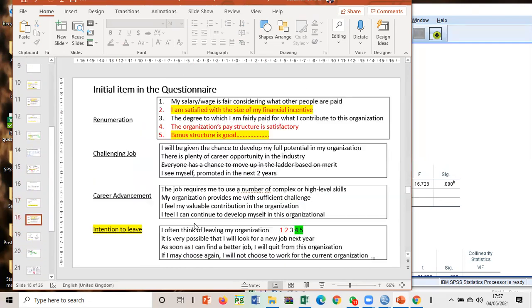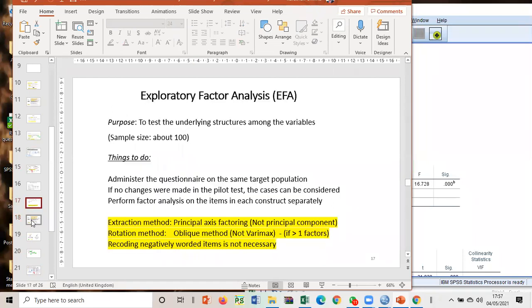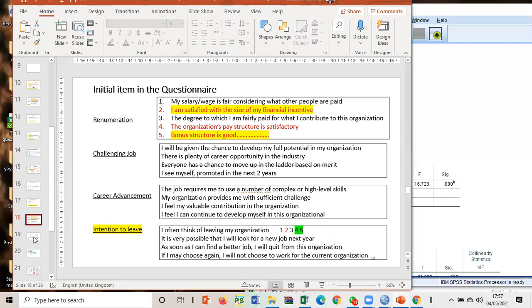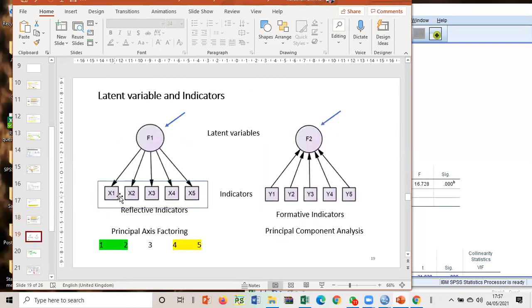Chapter 4, you're going to collect data to answer the objective. So minimum sample size 100. Collect the data, and then we want to know whether these items are good indicators. Just now we saw remuneration okay, ITL okay, but CD only 2, JC only 3.